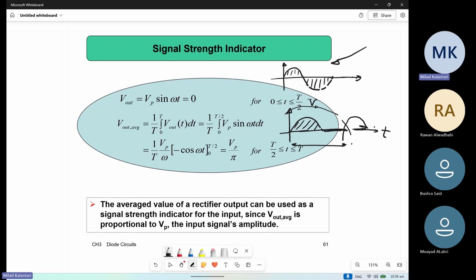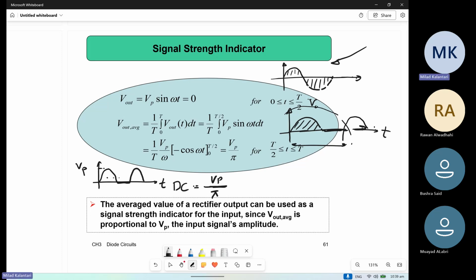Once you rectify the AC sinusoidal signal, if the peak of the sinusoidal is VP, the DC equivalent value of this signal will be VP over pi, the DC value of the rectified signal.